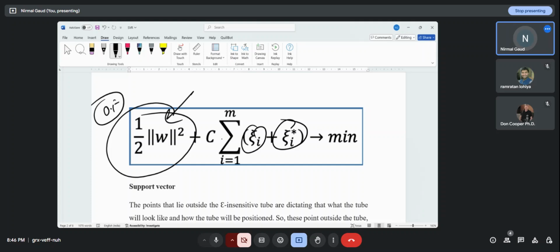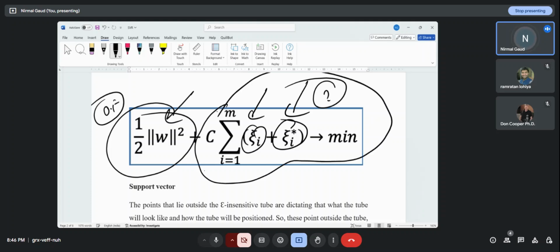Similarly, here we don't have any class boundary, but we have data points present outside the tube. So how many data points can be present outside the tube? That is the question. We have to put them in the constraint. This should have to be minimum, because this is error. Understand, this is error. Let's see, this should have to be minimum.